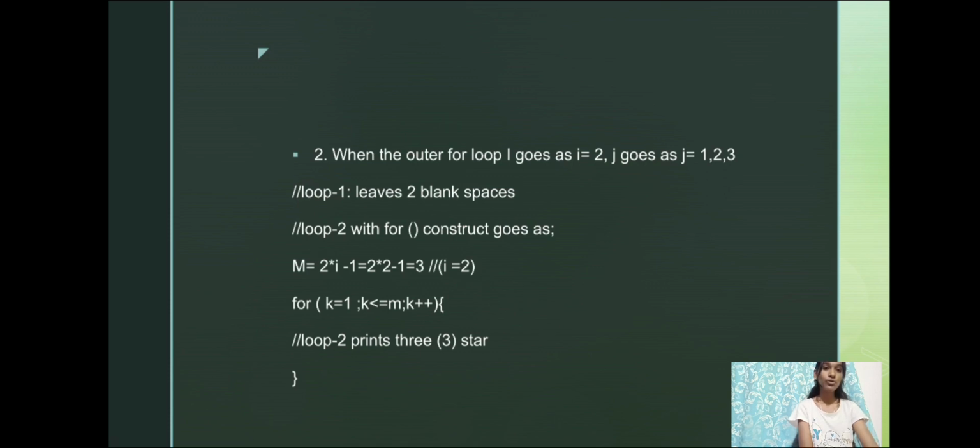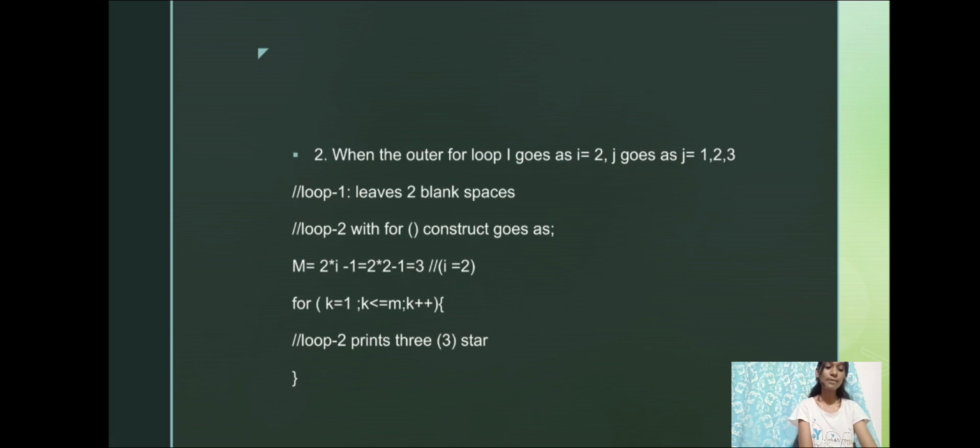In loop 2, m equals 2 into i minus 1, that is 2 into 2 minus 1, which equals 3, where i equals 2. For k equals 1, k is less than or equal to m, and k increases, so k plus plus. So loop 2 prints 3 stars.